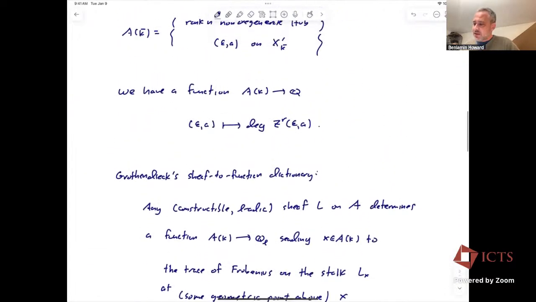And so the obvious question is, can we find some sheaf such that when you apply the Grothendieck sheaf-to-function dictionary, it recovers this function that we're interested in, the one that counts points in our zero cycle?